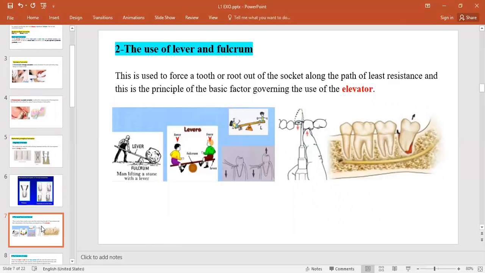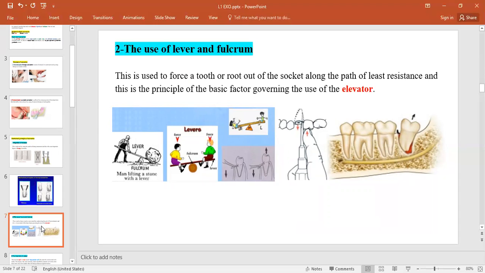The lever and fulcrum: we use force for the tooth or the root to come out of the socket at least resistance. What does this mean? As you know, the buccal or labial plate of the upper maxillary teeth is thinner than the palatal. So the least resistance is the buccal or labial side rather than the palatal side.